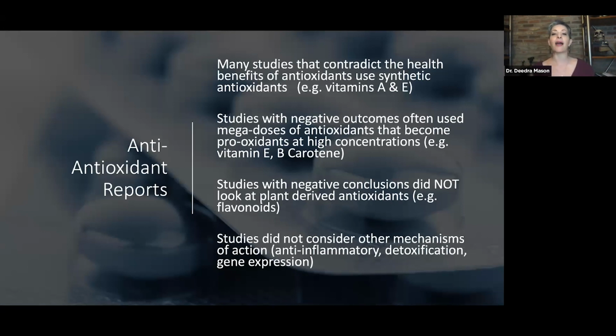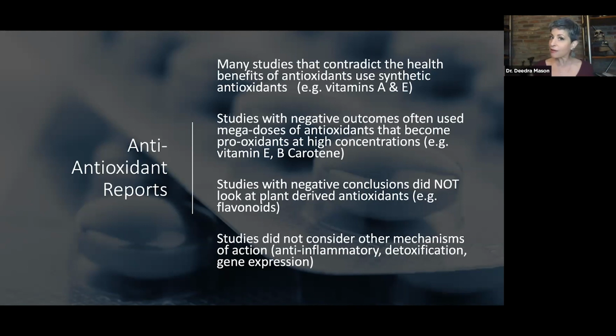Studies with negative outcomes often use super physiologic amounts, mega doses, to create a cellular environment that doesn't exist in nature today, even with all of the oxidative stress that we're dealing with. These, again, were high super physiologic amounts of vitamin E and beta carotene. They were, in addition to that, synthetics.